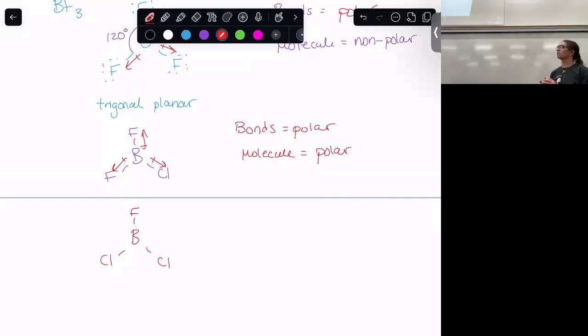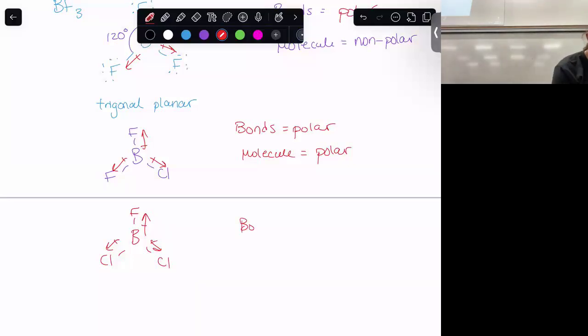Right, 2 chlorines on the bottom and a fluorine on top, right? Those dipoles are still the same. They all look the same. However, this time our chlorines are gonna cancel out, right? Now that's like if I have my feet spread and they're pulling at my ankles, right? Those would cancel out because of the vectors, but what happens to that fluorine on top? It's gonna pull it up, right? It's just gonna go straight up, shoot out the top, right?